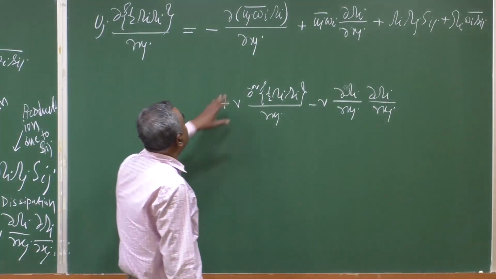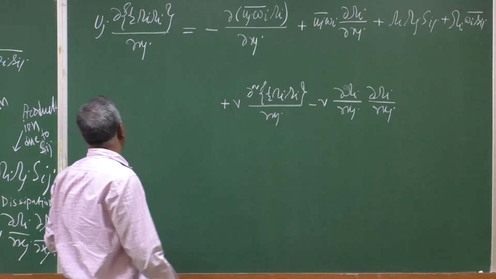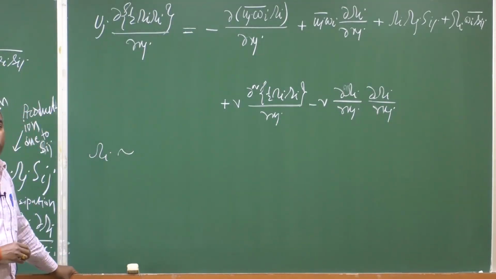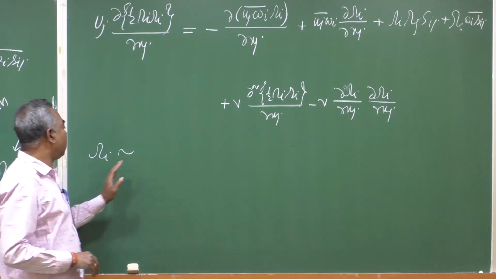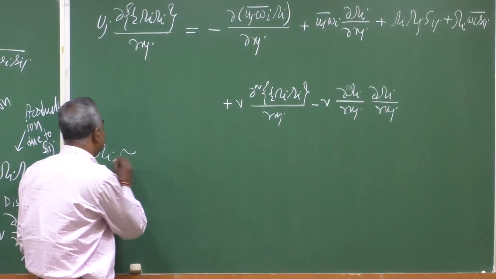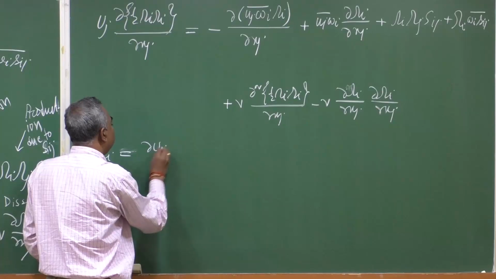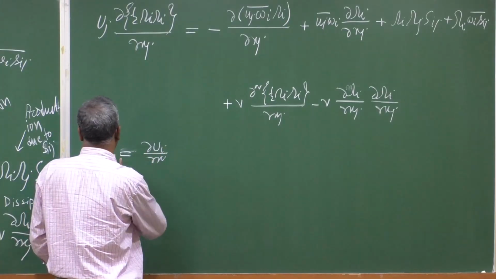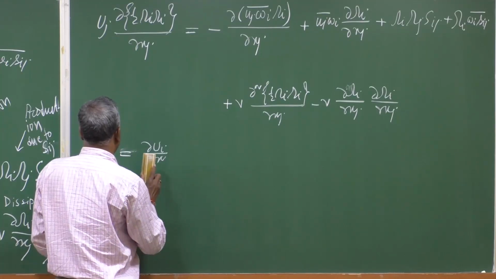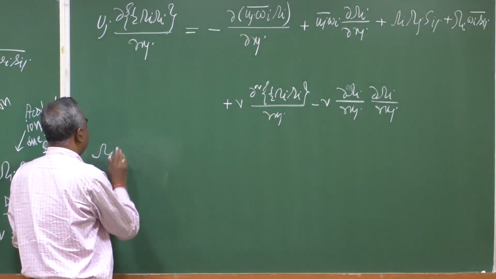Now, if you would like to find out the order of magnitude of each and every term, first we have to know the order of magnitude of this. So, what is the order of magnitude of this particular term? It is del u_i by del x_j. This is nothing but your del capital U_i.